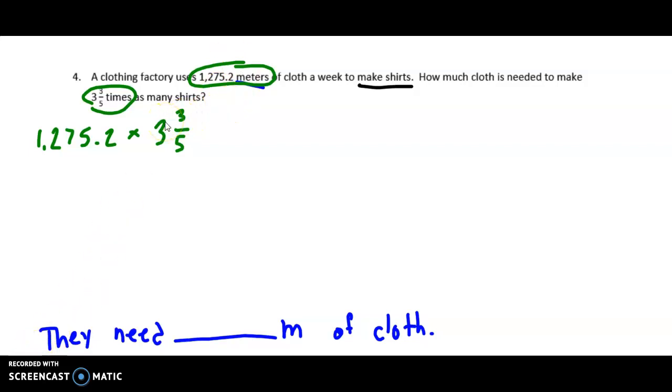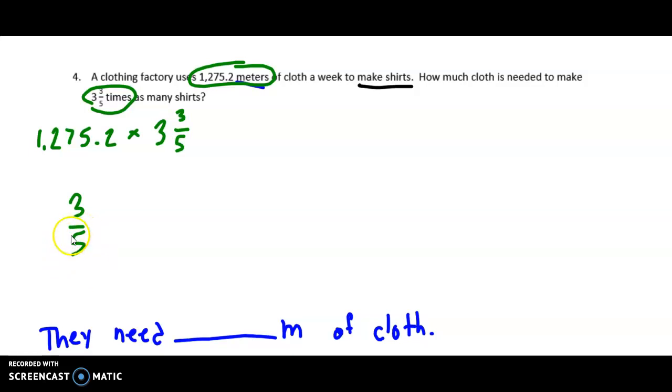So now I got to stop and think, how might I solve this? Do I want to put all this into a fraction? Do I want to put this all into a decimal? Right? Well, and then I got to think, wow, what's this as a decimal? Huh? Well, that'd be a great one to do. Let's do 3/5.